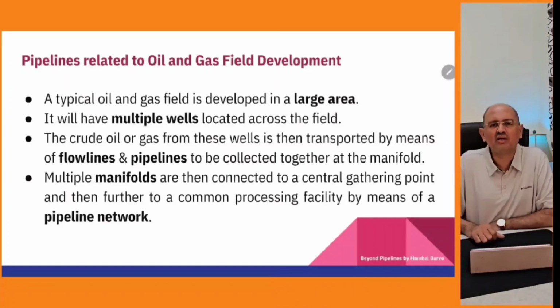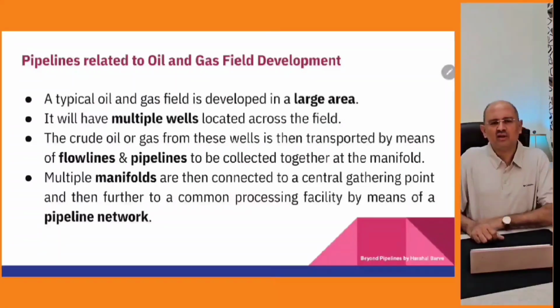So to make a hydraulically suitable design, multiple remote manifolds are normally built, to which the individual well flow lines are connected, and then larger diameter pipelines are connected further. So it becomes a network of flow lines and larger pipelines and further larger bulk lines, all the way up to the treatment facility.